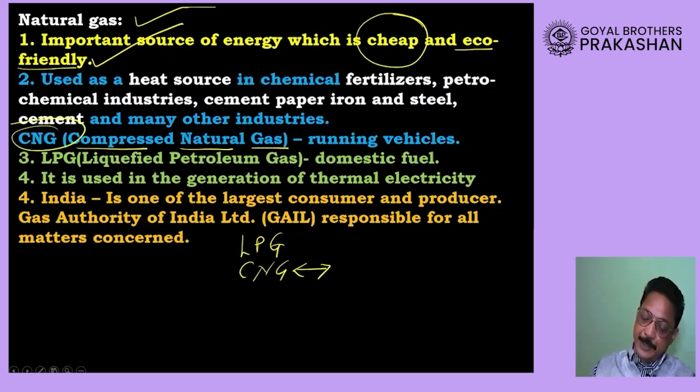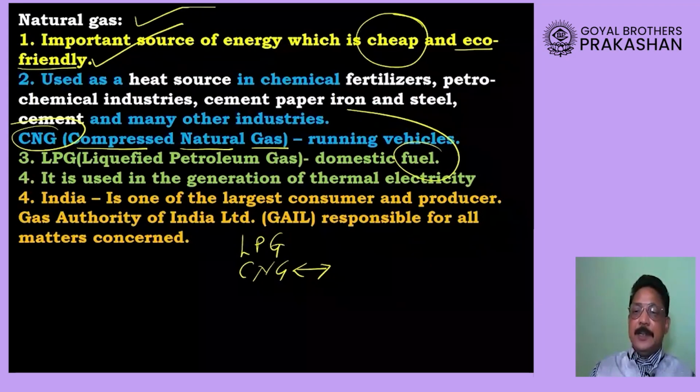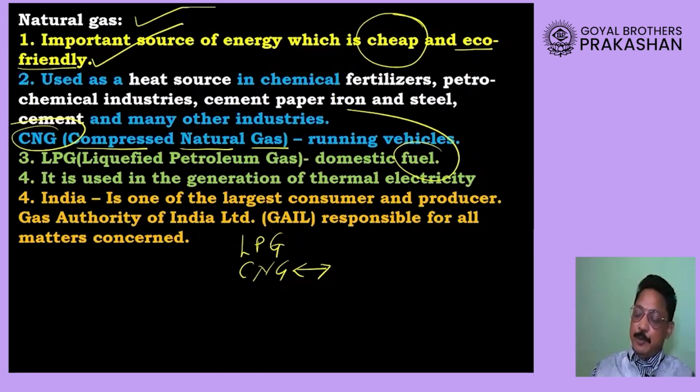We use it as a fuel, and by burning this natural gas we produce heat. That heat is ultimately utilized to produce steam by heating water, and that steam will produce electricity for us. Therefore we can also say it is used to generate thermal electricity.